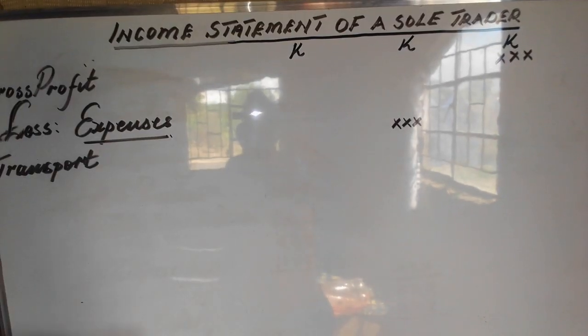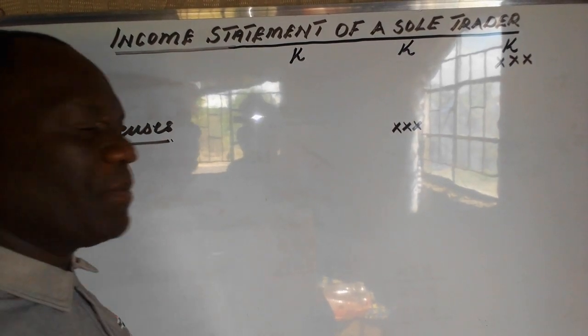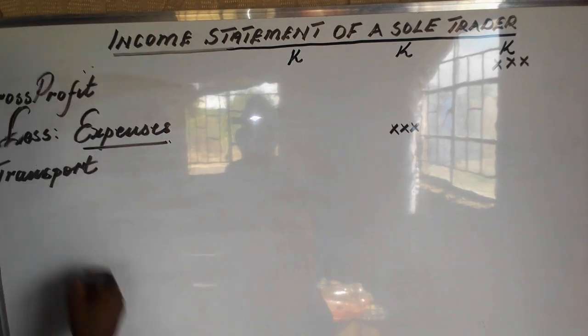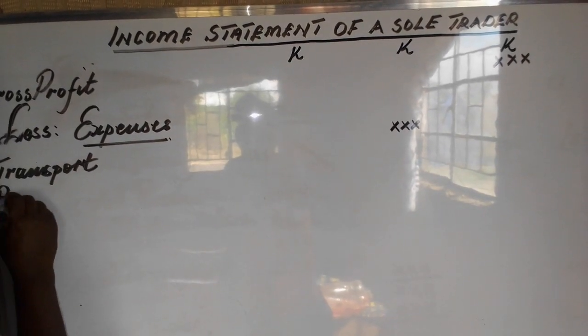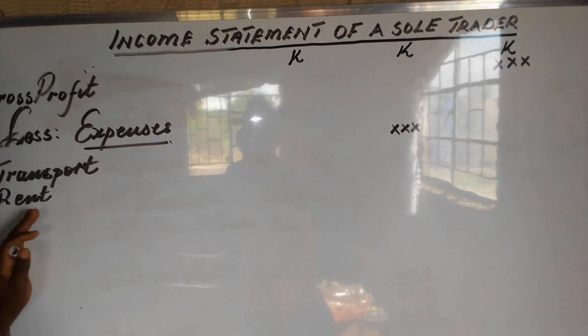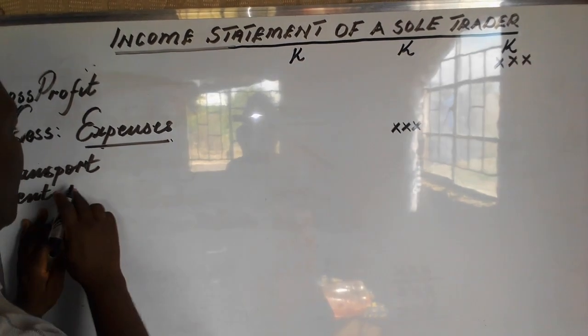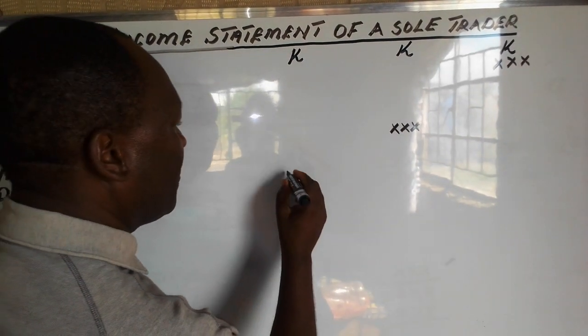Then we also look at rent. If you are renting a building where you are doing your business, rent comes there. Now, in this case, this rent has an adjustment. The rental amount comes there.